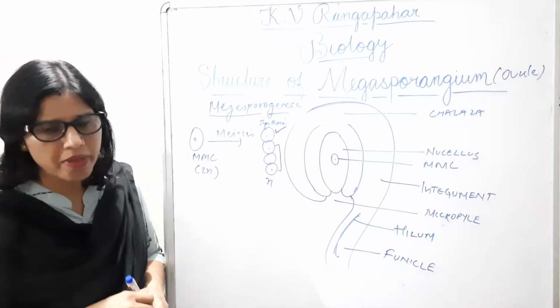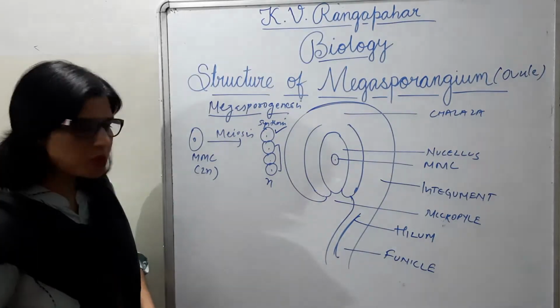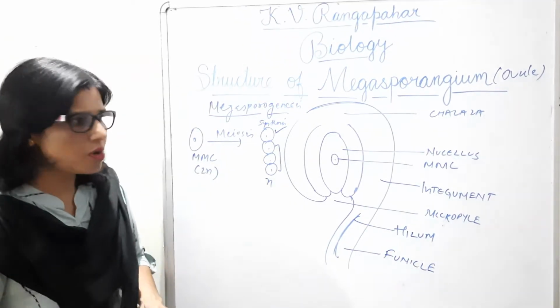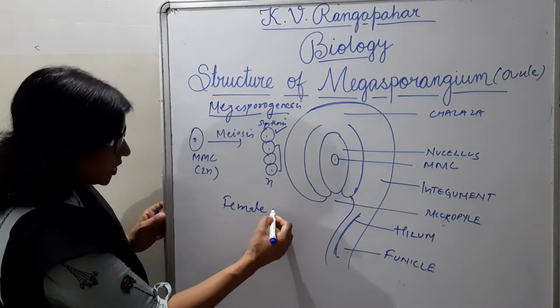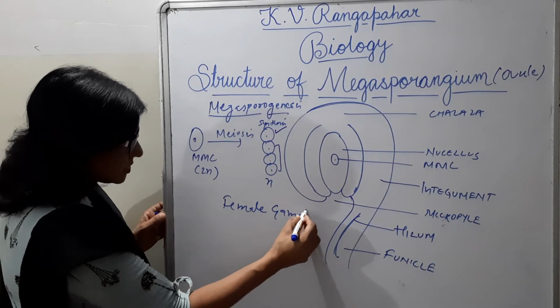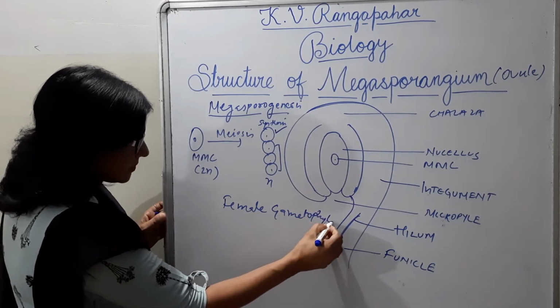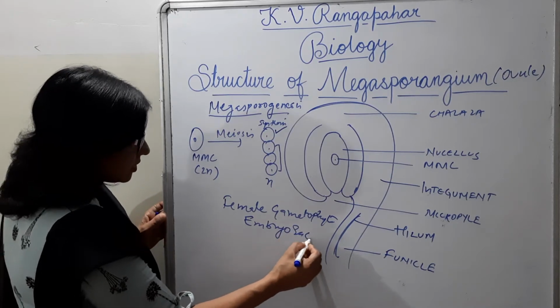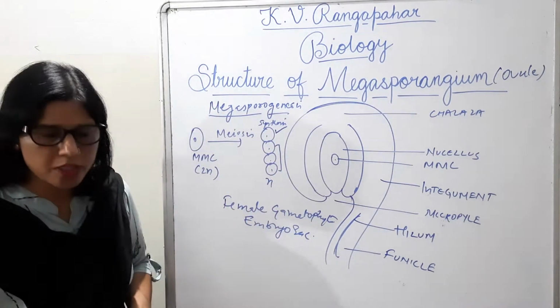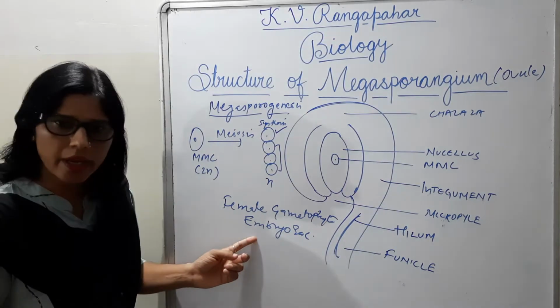And this functional megaspore will give rise to another structure that is called as female gametophyte. And the actual name of female gametophyte is embryo sac. So this will be the embryo sac. This functional megaspore will give rise to embryo sac.